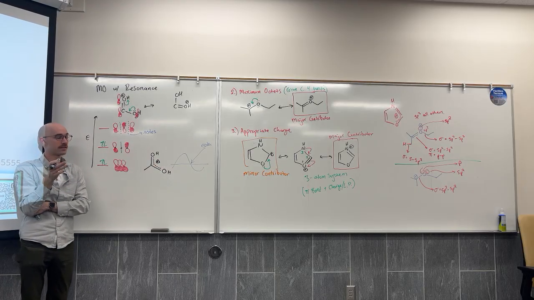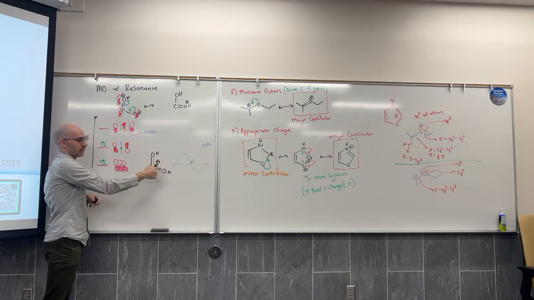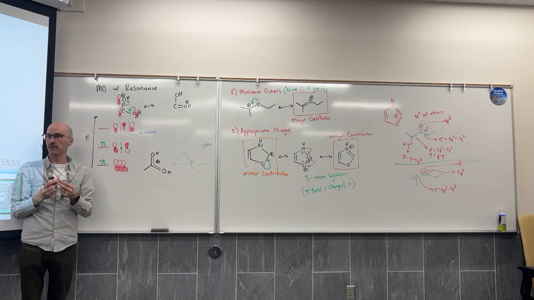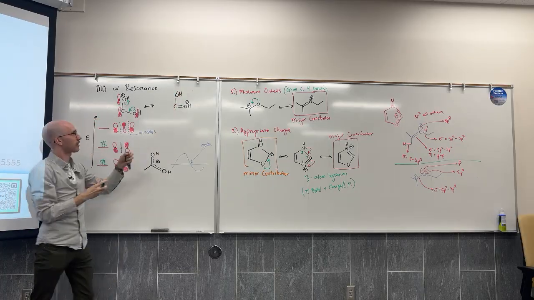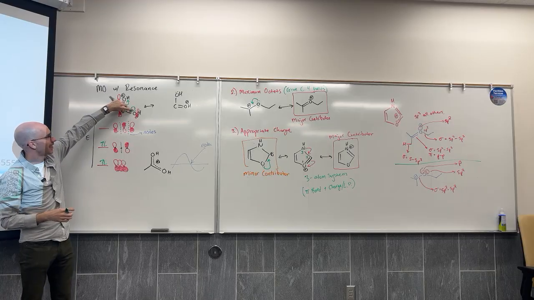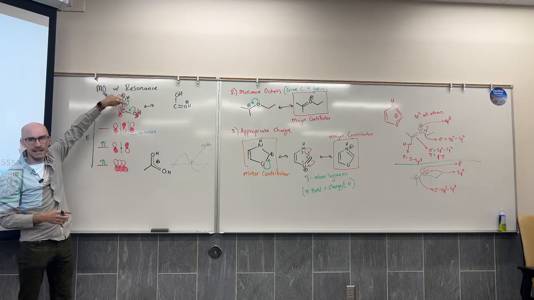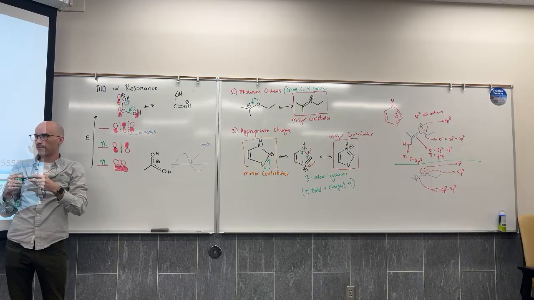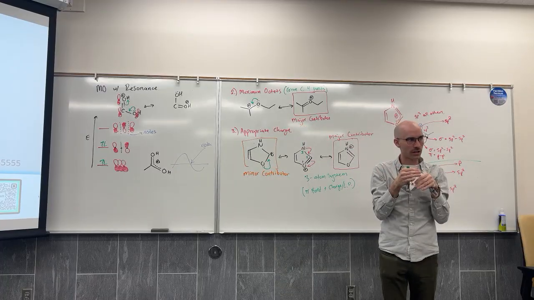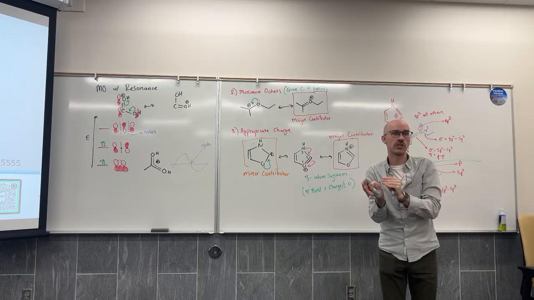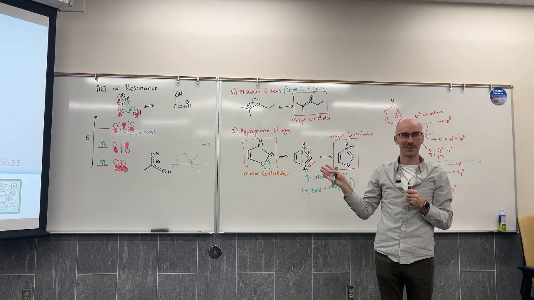MO theory also says there's a lone pair that is held on both oxygens, but is never held by the carbon. And our Lewis structures kind of agree with that. But it doesn't look like this lone pair is this lone pair. These look like different electrons. That's the limitation of Lewis structures. Lewis structures suppose a more localized bonding, and so just a movement of different electrons. MO theory says those are not the electrons you think you're looking at.